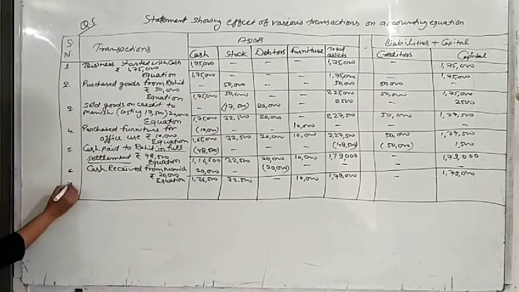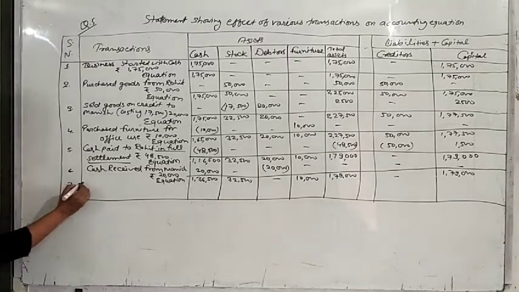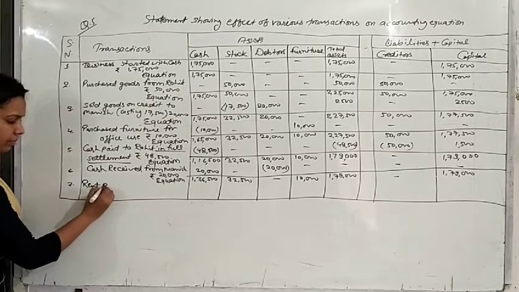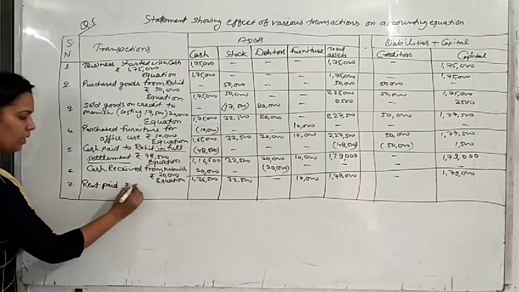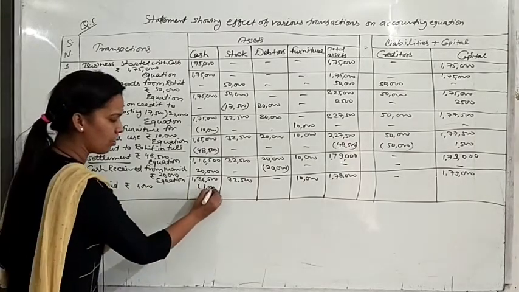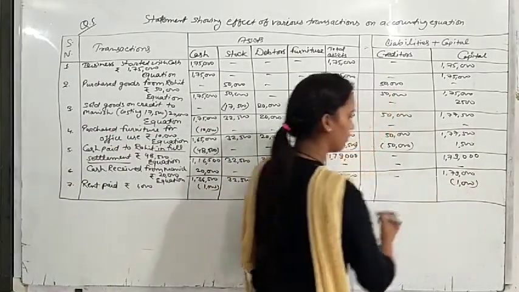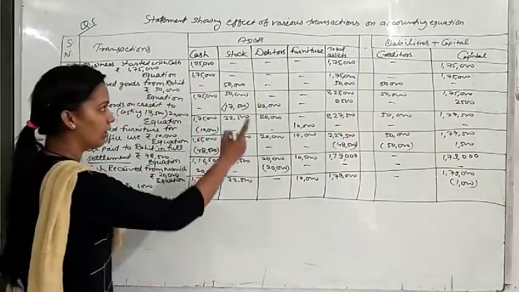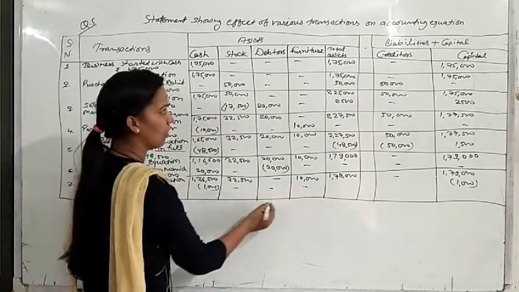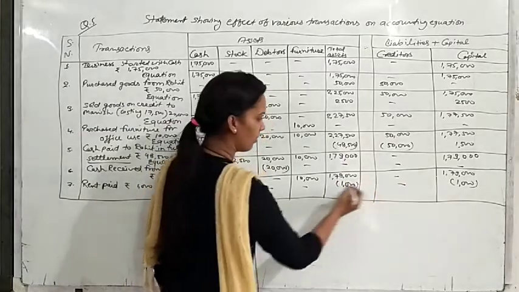After this, the 7th transaction, rent paid, and the amount of rent is 1,000. Rent paid rupees 1,000, so it will reduce your cash and capital. No effect on stock, debtors and furniture. 1,000 same will reduce your total assets.